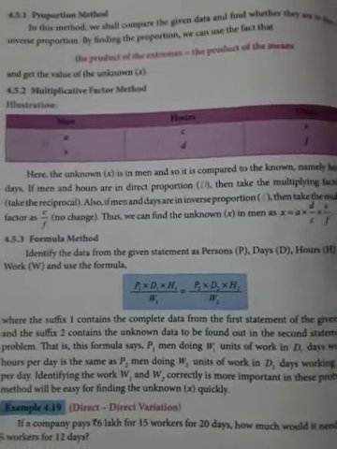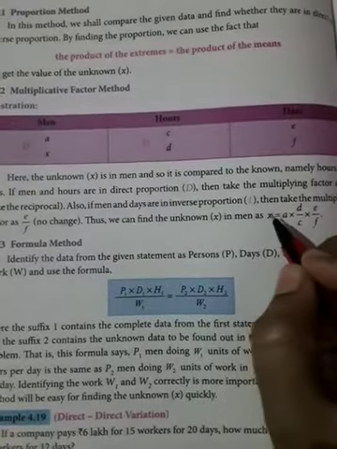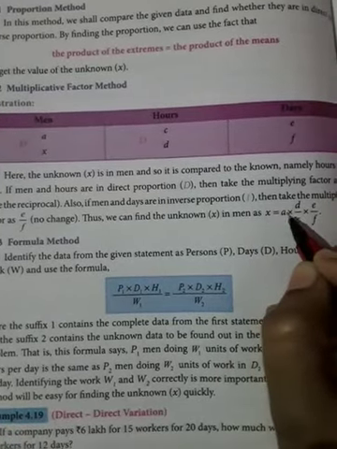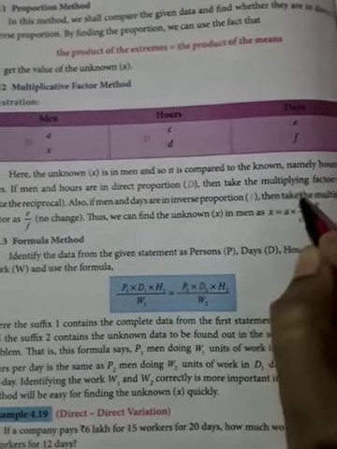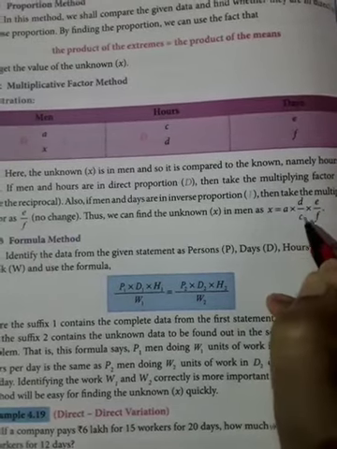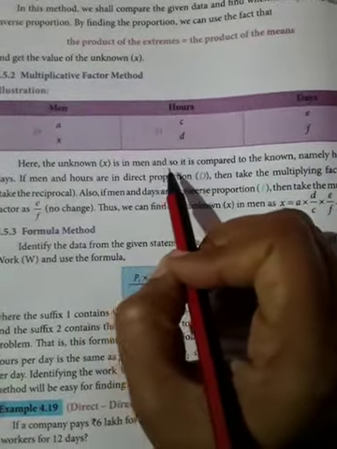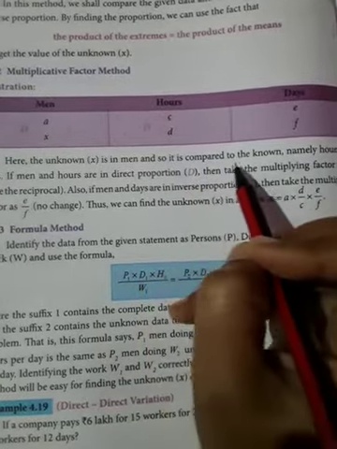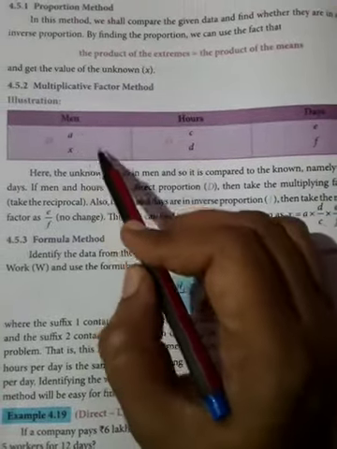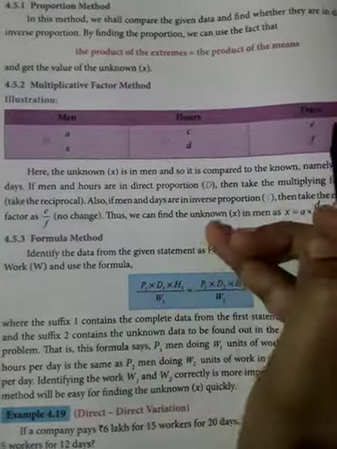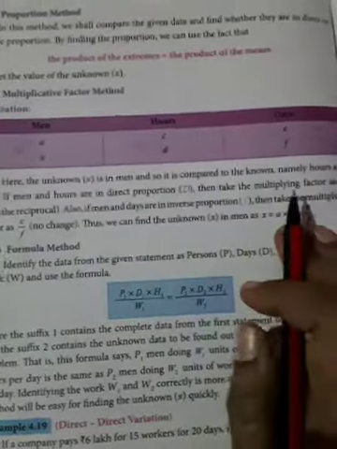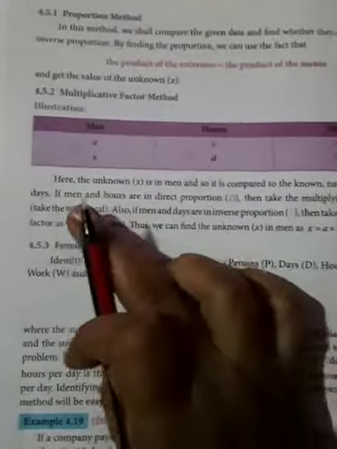Why multiplicative factor method? Because x is here. If you are transposing that a to the opposite side, then c by d changes to d by c, and the last one remains as such. Okay, you just read this paragraph, then you will understand. The unknown x is men, and it is compared to the unknowns, hours and days.